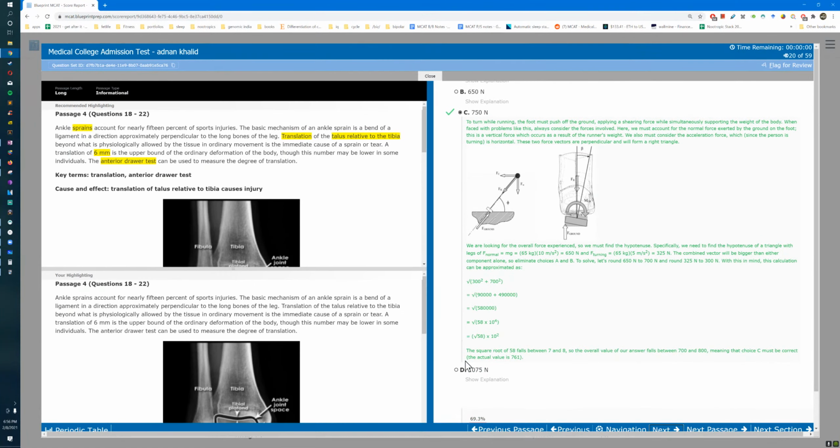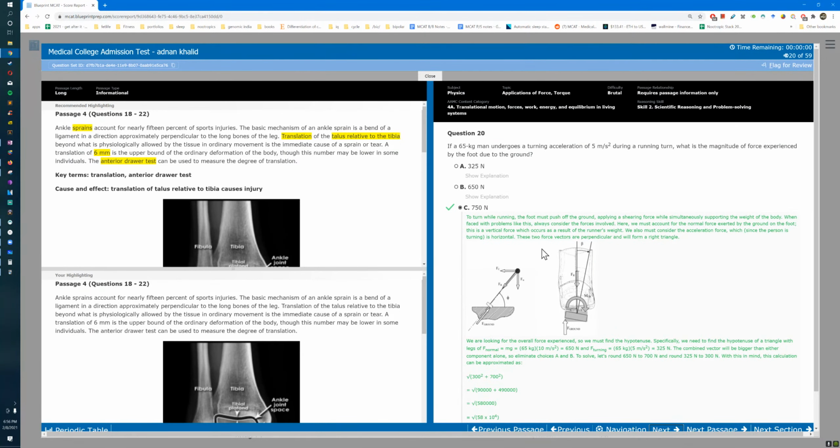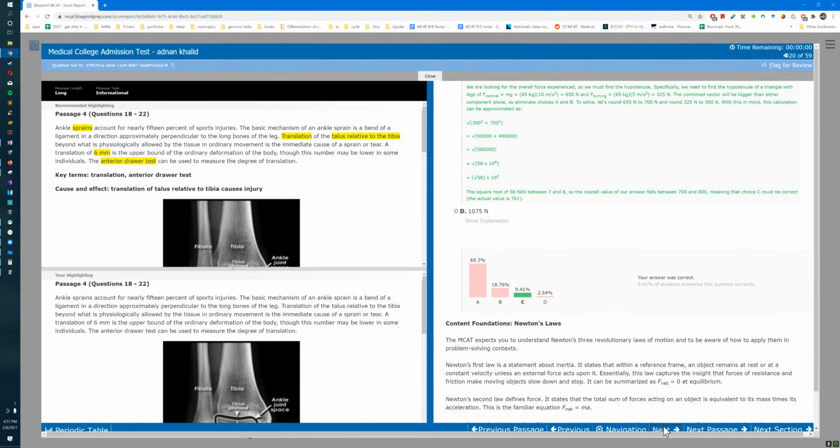And so they did the Pythagorean theorem, but I also know that the resultant is going to be greater than the difference between the two sides of a right triangle, and it's going to be less than the sum of the two sides. So I know that 650 is one of them, 325 is another. If I subtract them, it's just going to be 325, so it has to be greater than that. And if I add them, I get basically 975. So it has to be less than that. And 750 is the only one that's in between.